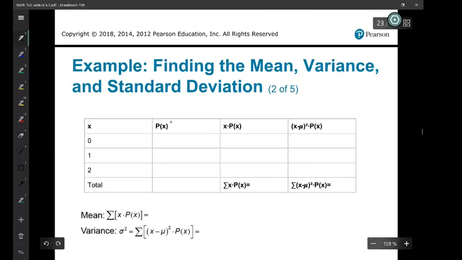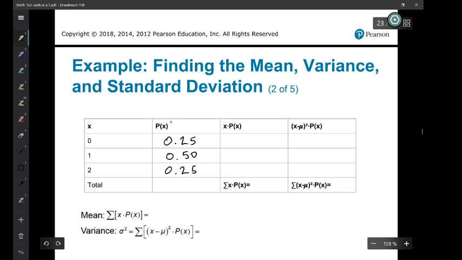So recall our probabilities. The probability of getting 0 heads from 2 coin flips was 0.25. The probability of 1 head was 0.50, and the probability of 2 heads was 0.25.